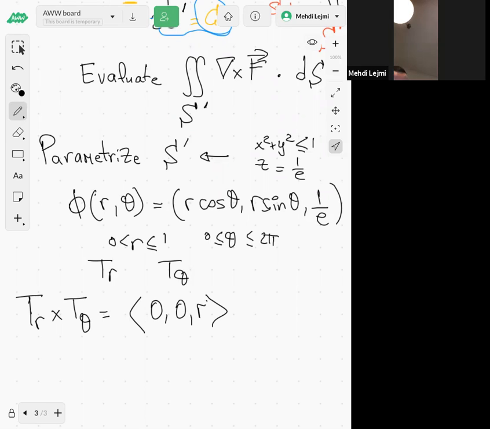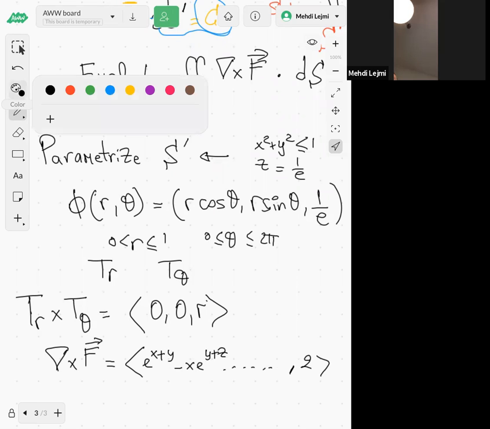I remind you, the curl of f was a very complicated expression, like e to the x plus y, minus x, e to the y plus z, etc. But for the z coordinate, we have just 2.